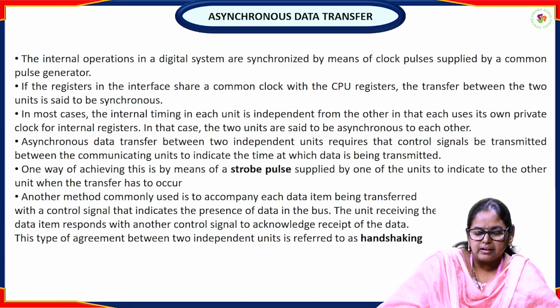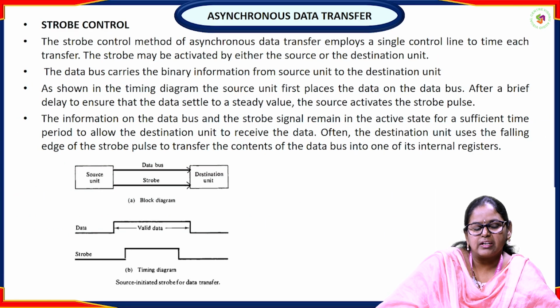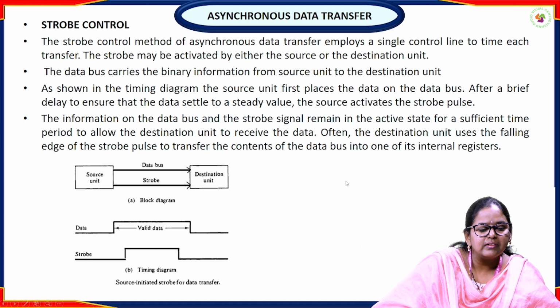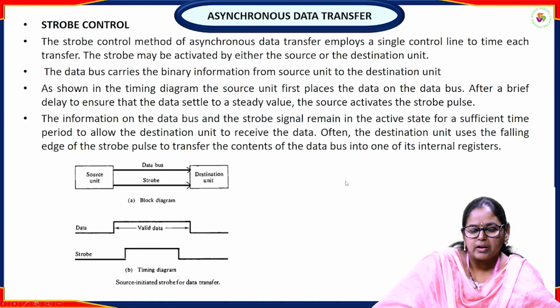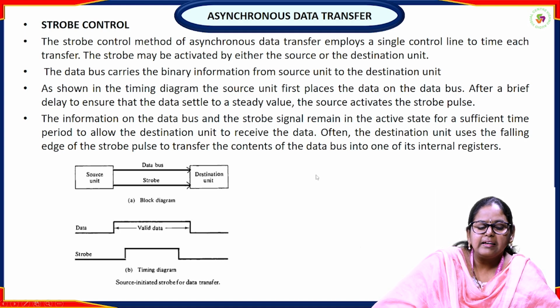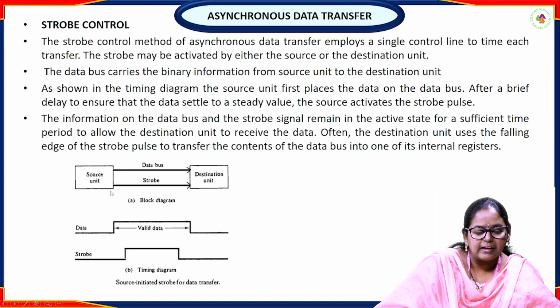Let us see how exactly we have source initiated and destination initiated strobe. As you can see, strobe control is one of the asynchronous data transfer methods, and it indicates when the transfer has to occur. If you see the diagram, we have the source unit and the destination unit.